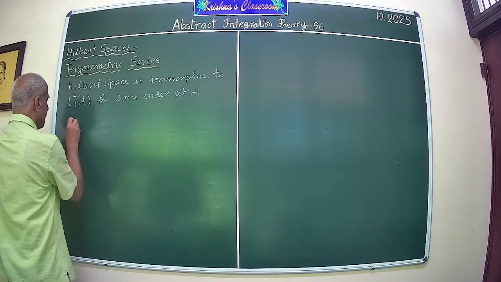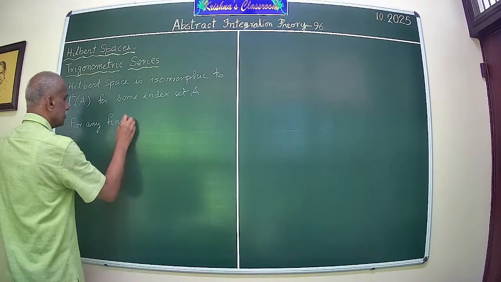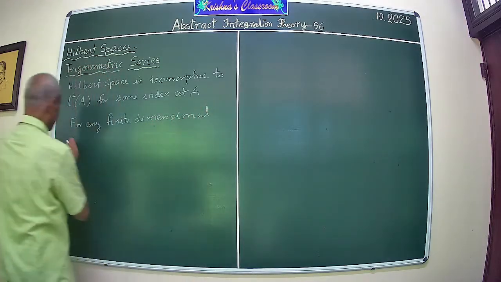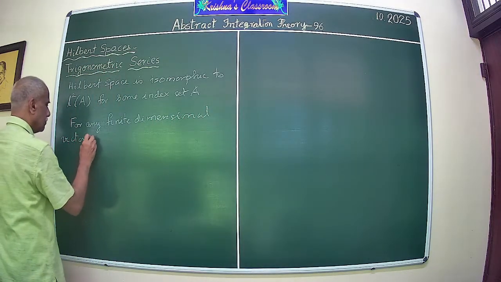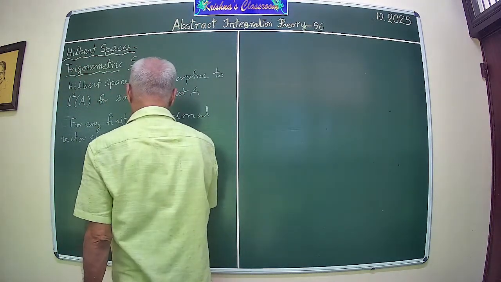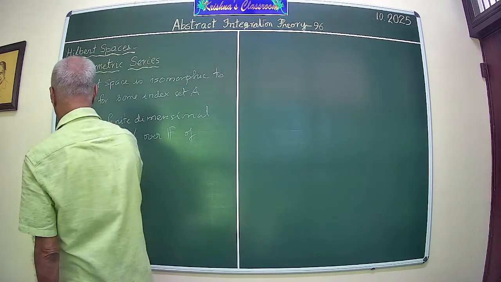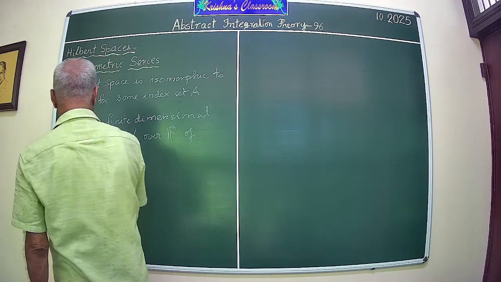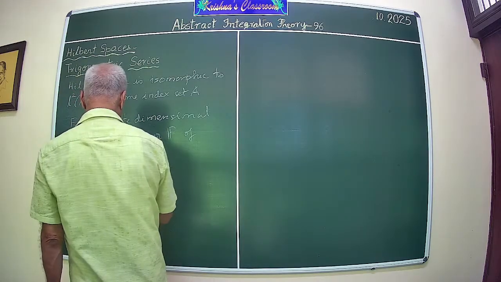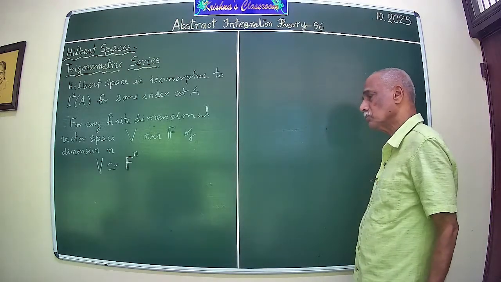So for any finite dimensional vector space V over F of dimension n, V is isomorphic to a copy of F^n.